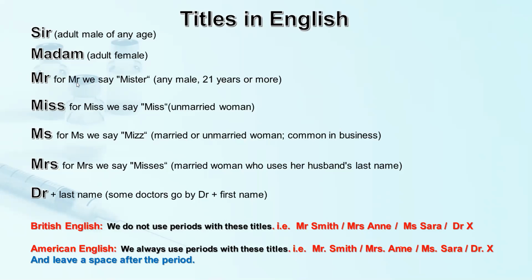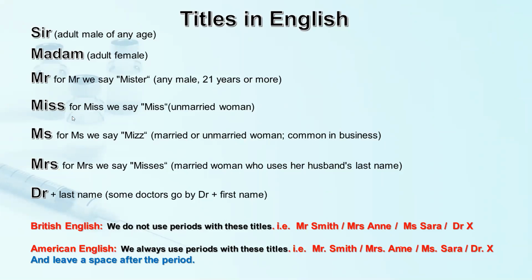Okay. For Sir and Madam, we can use these titles for persons whose names we don't know. Sir for an adult male of any age, Madam for an adult female. Mr. for any male of 21 years or more.